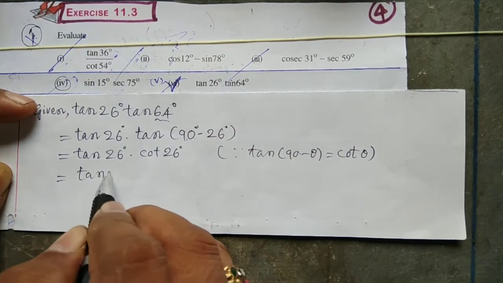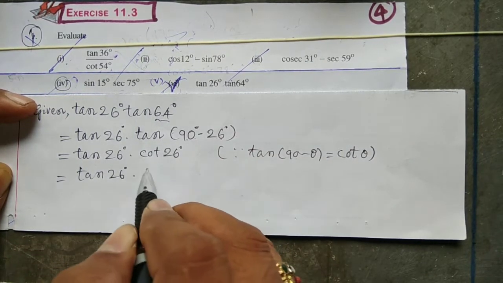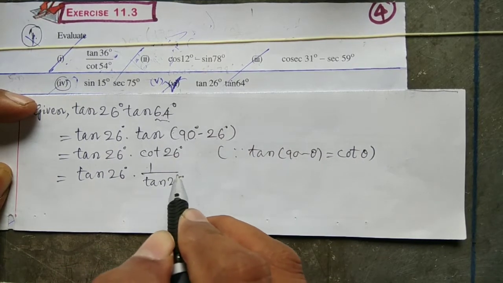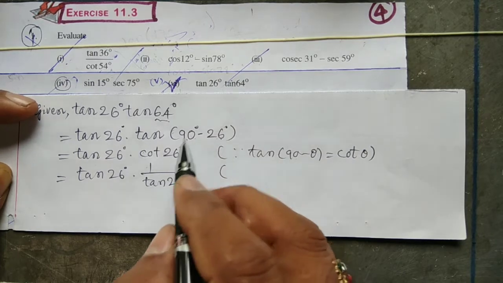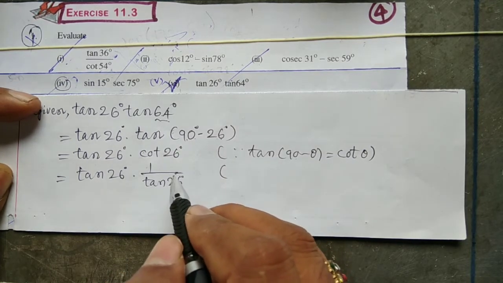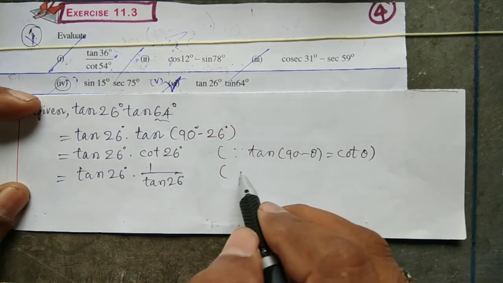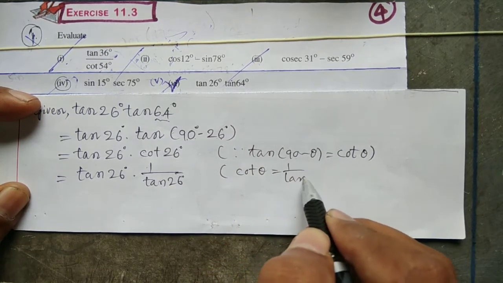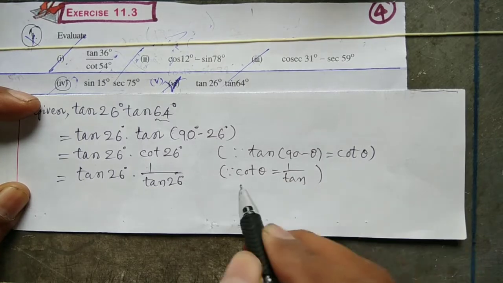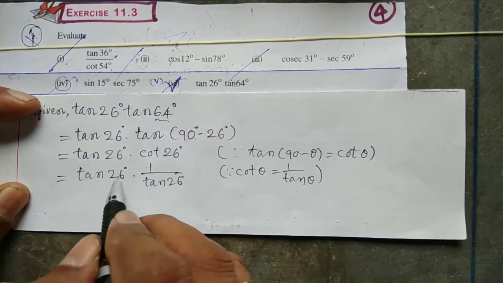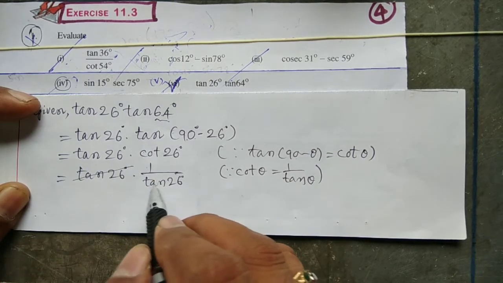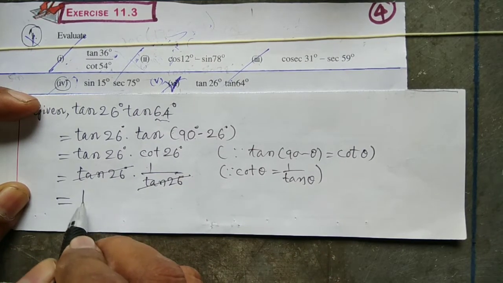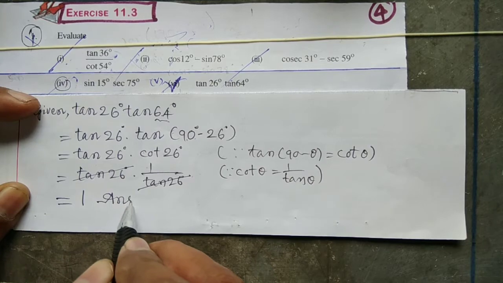Tan 26 degree, 1 by tan 26 degree, because cot is the reciprocal of tan, so cot theta is equal to 1 by tan theta. So tan 26 degree and tan 26 degree will cancel, and 1 is the answer.